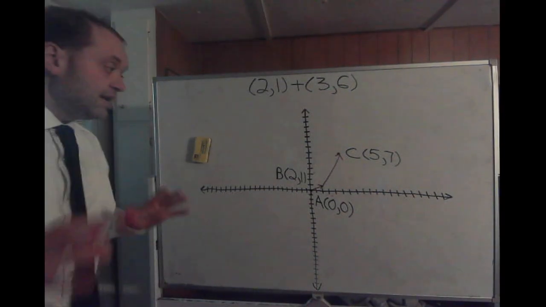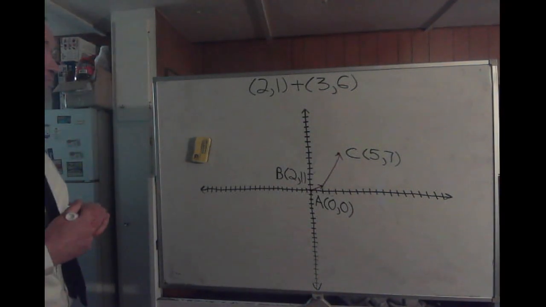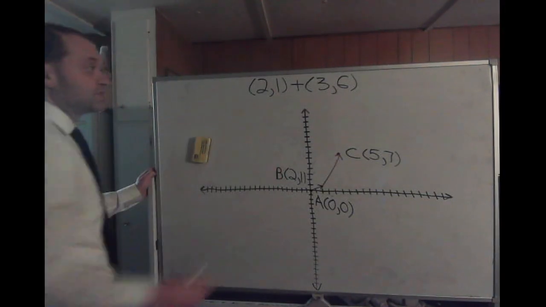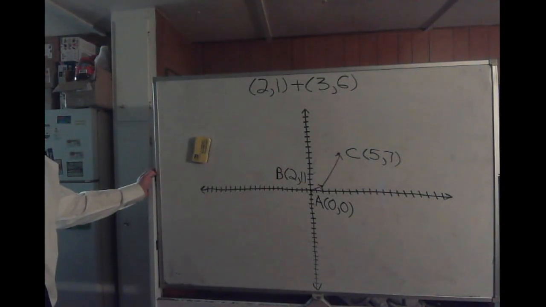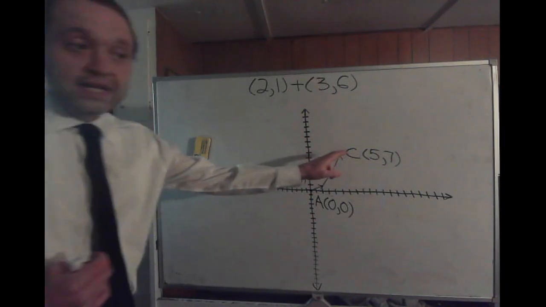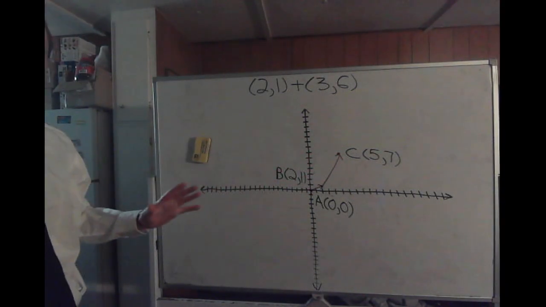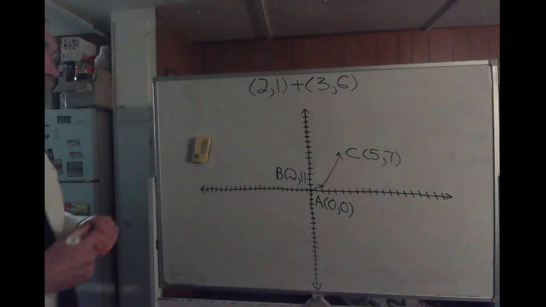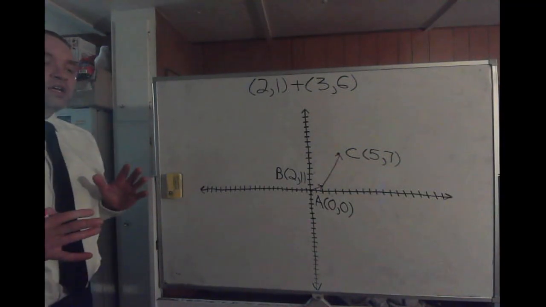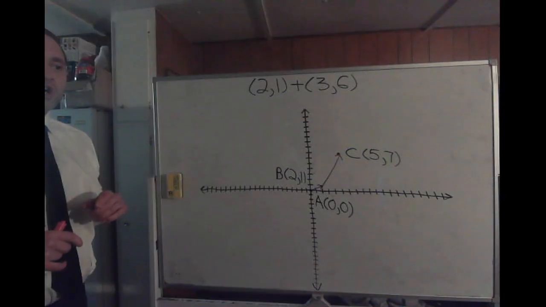Now we're going to get an interesting thing here. The idea is by adding these two vectors that I would get the vector of if I went directly from A to C without stopping at B. Now this comes in handy. Let's say someone drives a car 5 miles northeast to a destination.